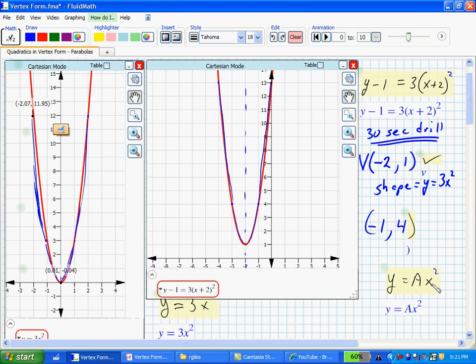We go over whatever amount, we square that amount, and then we multiply by a. If a, in this case, was 3, we went over 1, squared it, got 1, multiplied by 3. Went over 2, squared it, got 4, multiplied by 3, went up 12. That's it. It's going to take a little practice, but it's pretty easy from this form. This is a great form, vertex form.